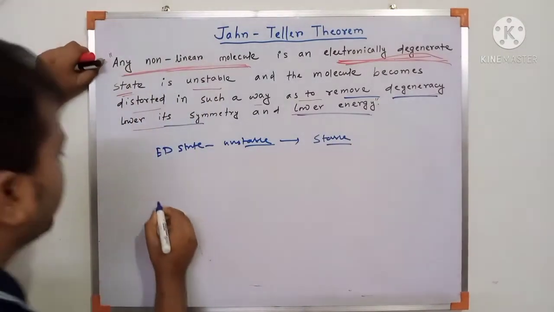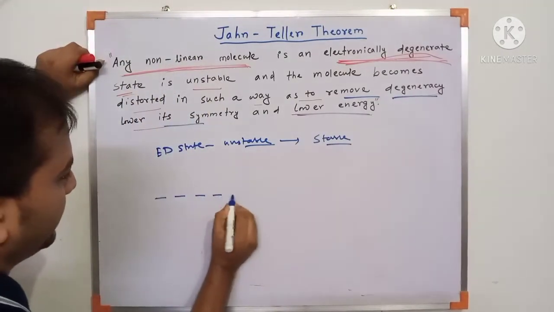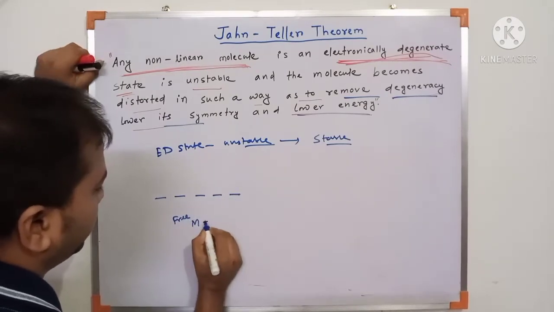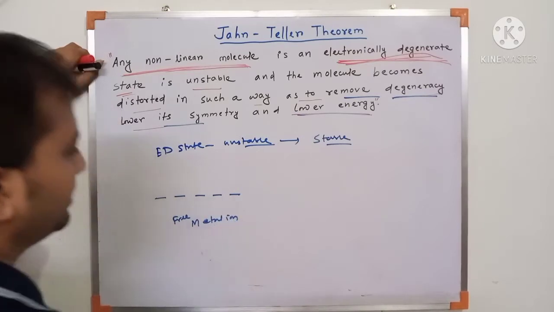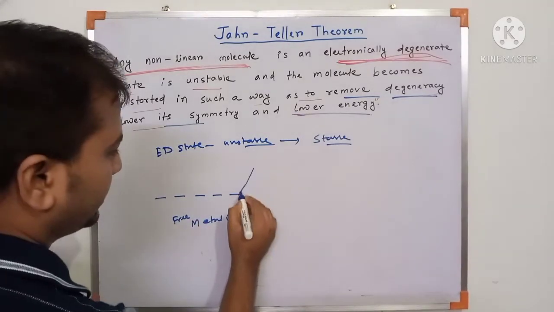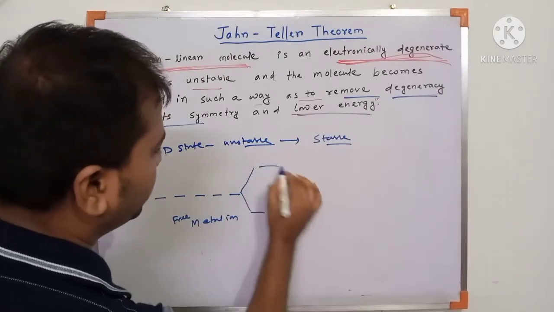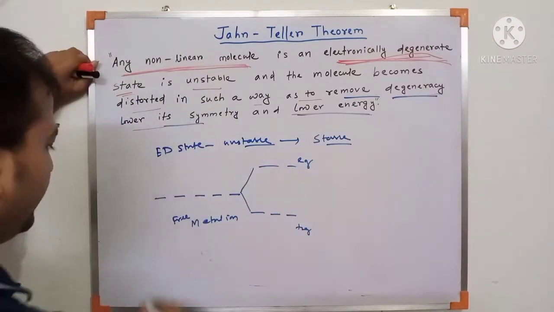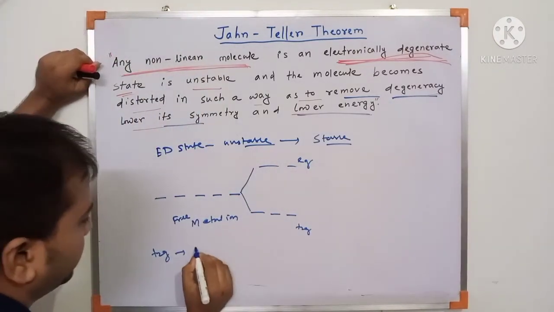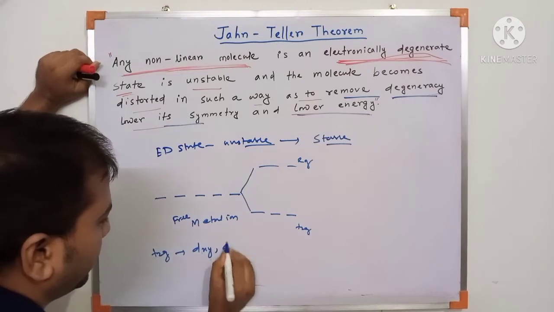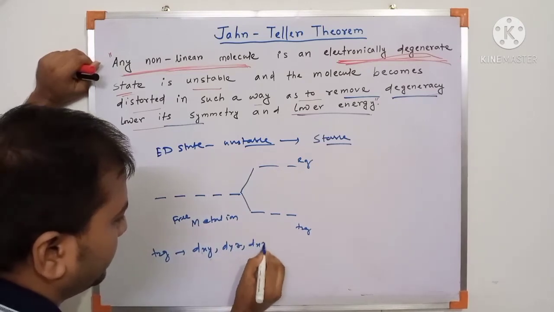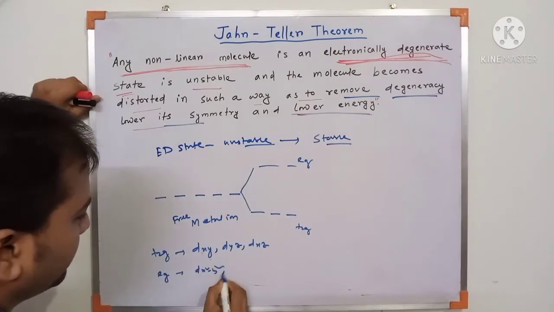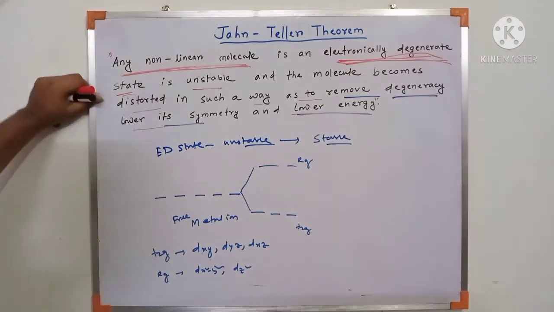Now, in the case of octahedral, the 5 d orbitals are degenerate in the free metal ion. Then they further split. One is t2g and another is eg. We know t2g has orbitals dxy, dyz and dxz, and eg has orbitals dx square minus y square and dz square.